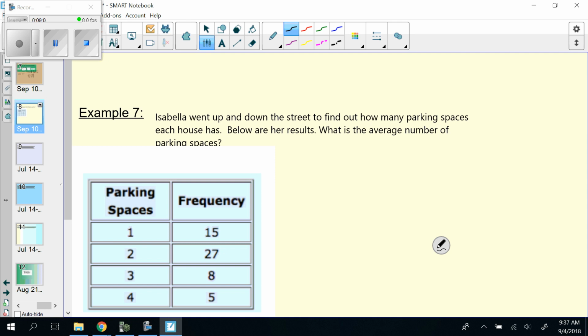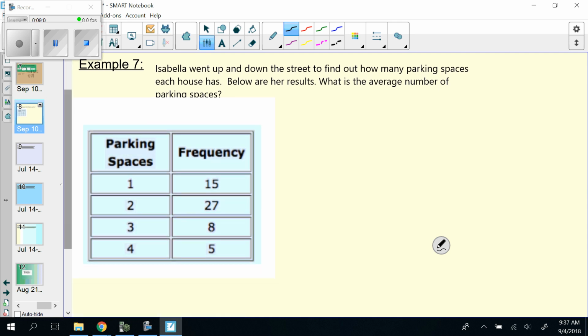Okay, so when you find average of something, you add them up and divide by the total number. The problem is here, we don't really know what that is until we find it out. So one thing we need is, what is the total number of parking spaces here? Well, the total would be from right here.